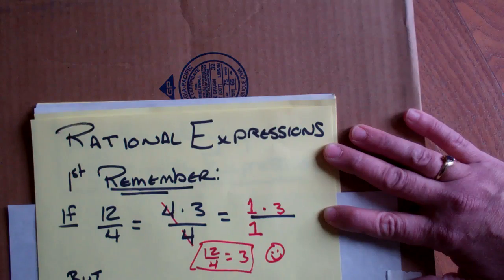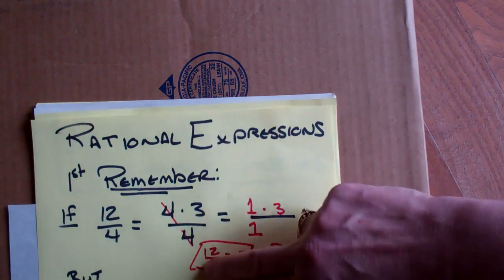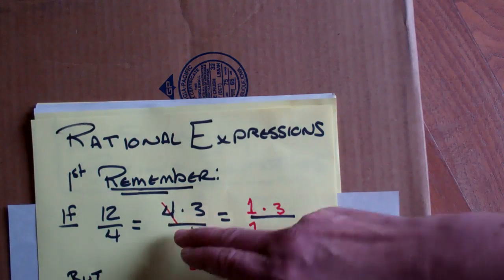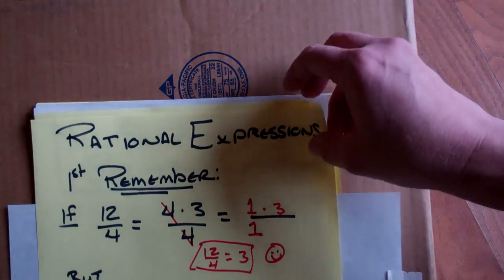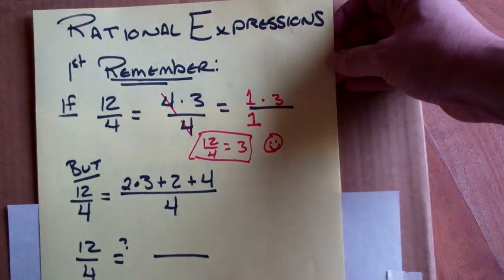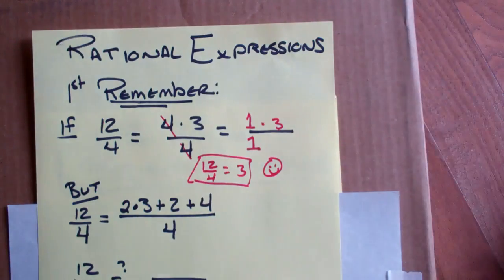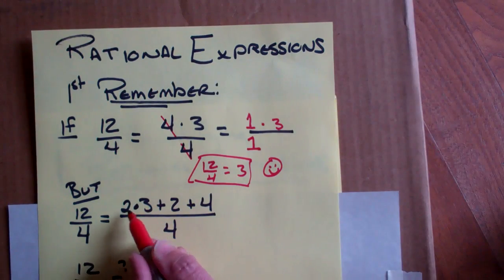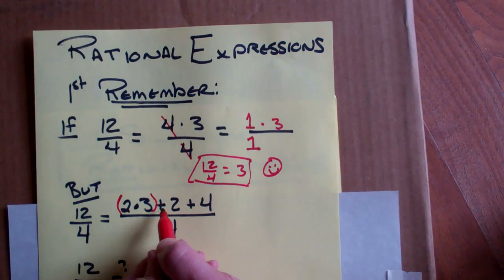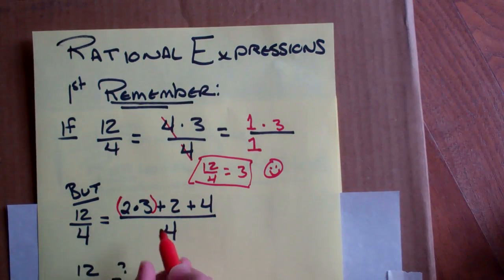Now, it might seem really elementary, but this is a critical mistake that people make: when we have multiplication, it's okay to reduce. But when we have addition, then what we're talking about is adding terms. They are not factors. Now 2 times 3, those are factors, but together with the 2 they make a term, 2 times 3 plus 2 would add up to 8, all over 4.